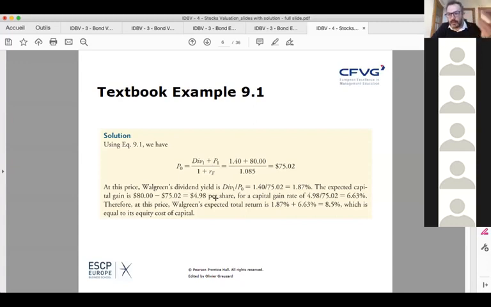What could be the expected price I could sell it at in 1 year? So you make your econometrics about it and so on. And then you say, okay, I should be able to receive 1.40 dividend next year, because maybe this is the average of the 10 years they've been paying dividend. Then 80, well, this is a perspective anyway, so this is a forecast, okay?